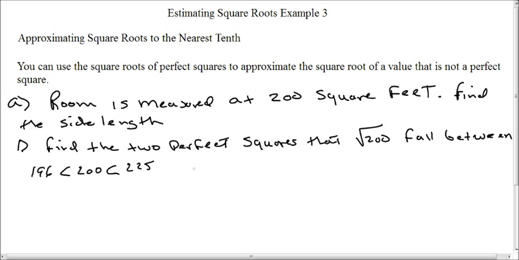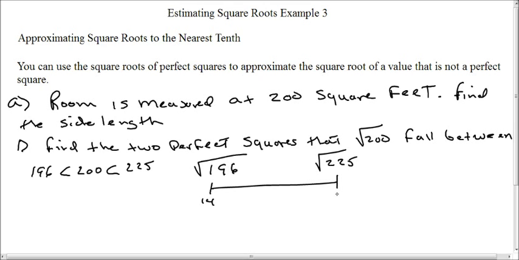So we want to take the square root of 196, find that integer, and the square root of 225, and find that integer. Okay, so I'm going to draw a little number line here, and I know this will give me 14, and 225 gives the integer 15. So I'm going to put a half point mark here which says 14.5, and what I'm looking for is the square root of 200.